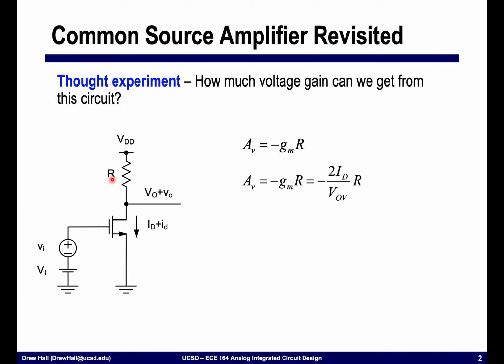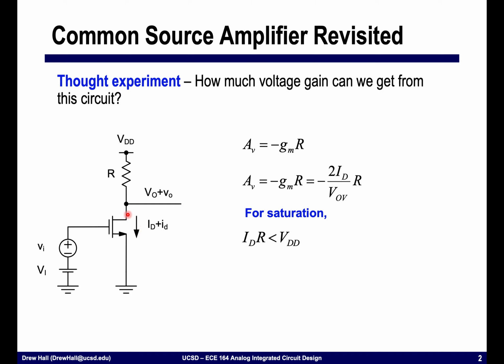If I start to plug in values that we derived last time for gm, gm is dependent on the biasing conditions, primarily the DC drain current and the overdrive voltage, and this resistance. If I limit the transistor to operating in saturation, then I know that the voltage drop, ID times R, has to be less than VDD.